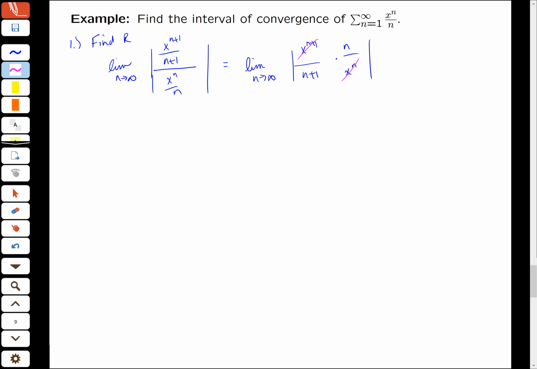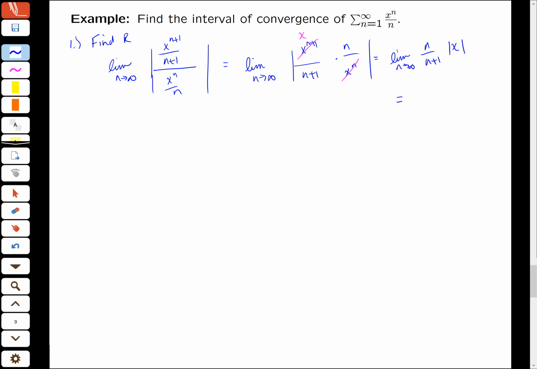Now let's start canceling. x to the n and x to the n plus 1 leaves you x. And then we're going to have the limit as n goes to infinity. I'm going to write this as n over n plus 1 times the absolute value of x. Keep x in the absolute value. What is the limit as n goes to infinity of n over n plus 1? Infinity over infinity, L'Hopital's rule gives you 1 over 1, which is 1.